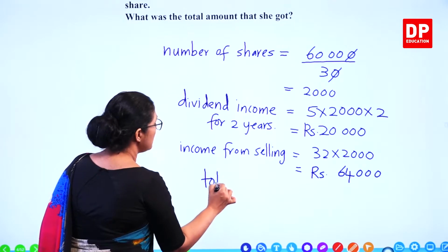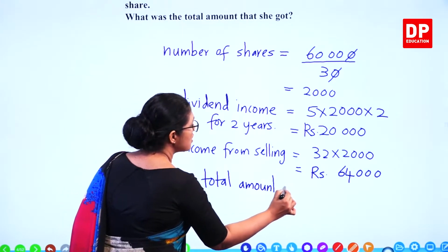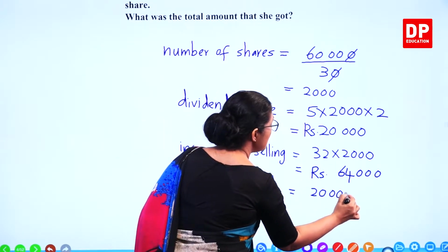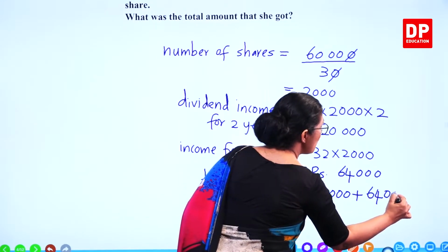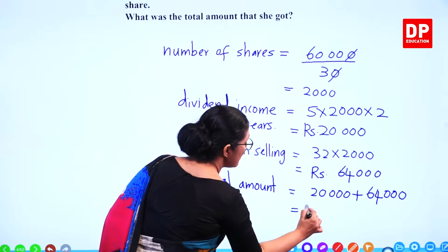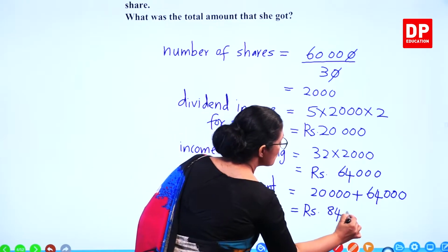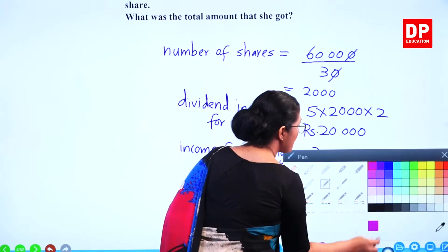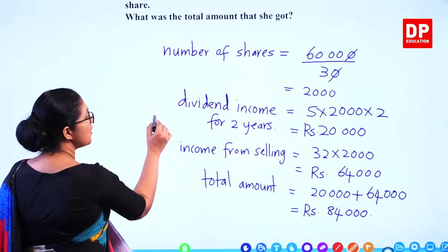So total amount she got, these two, you have to add 20,000 from the dividend income, and by selling she got 64,000 rupees. So altogether she is getting 84,000 rupees. So how many marks for that one? You get 3 marks.